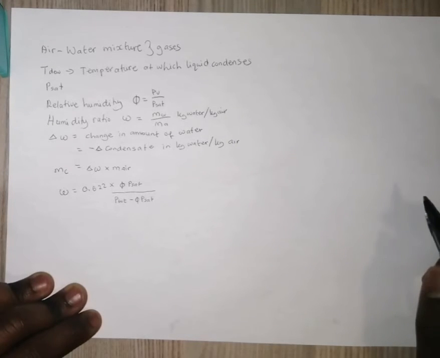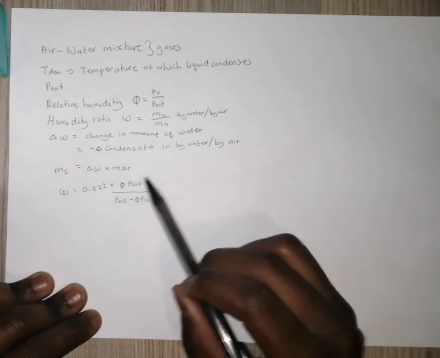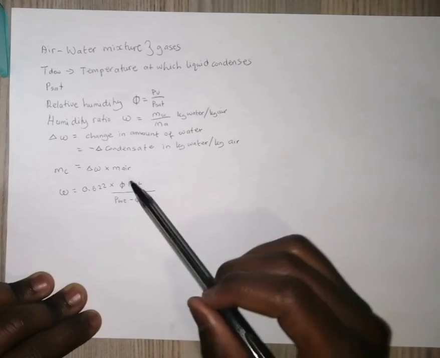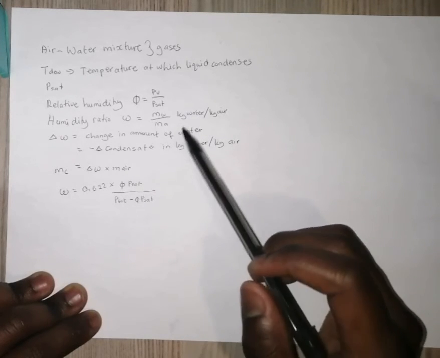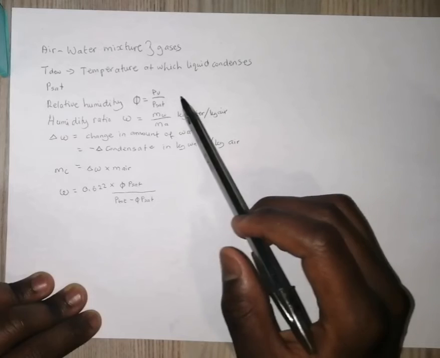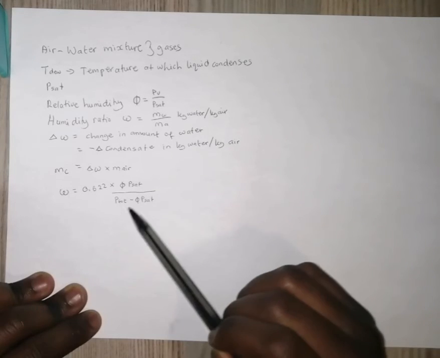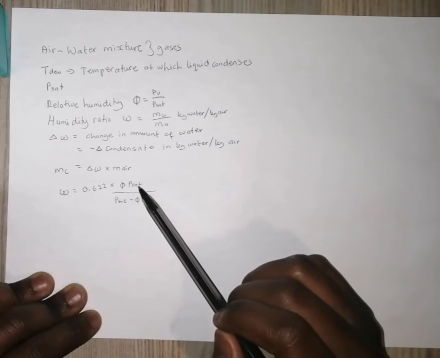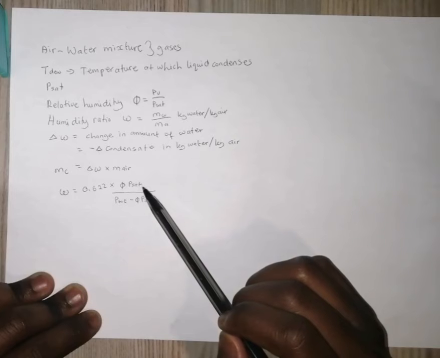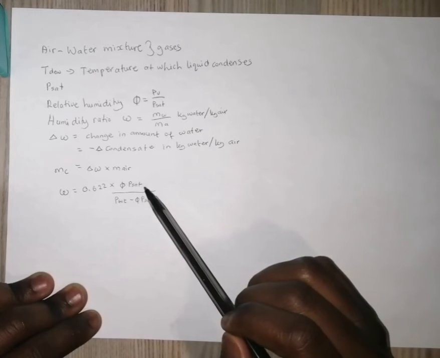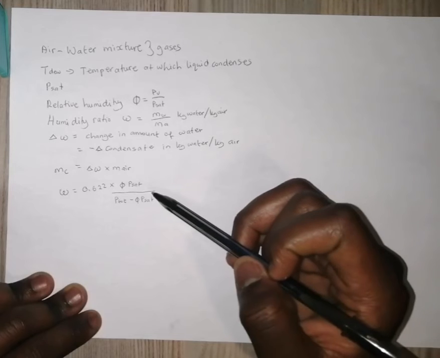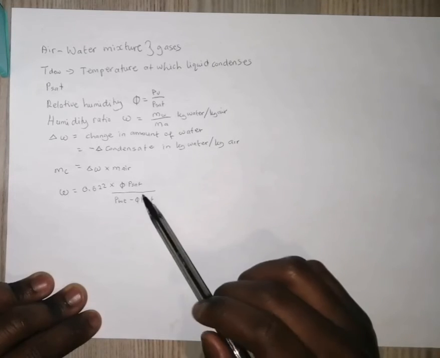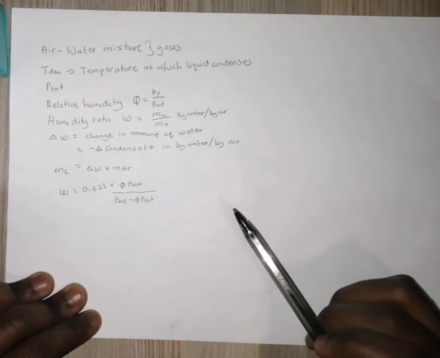Please bear in mind the saturation pressure is different from the total pressure. The vapor pressure is also different from the total pressure. But the vapor pressure and the air pressure added together give us the total pressure. And then the saturation pressure is just the pressure at which the liquid will start condensing. This water vapor will start condensing.